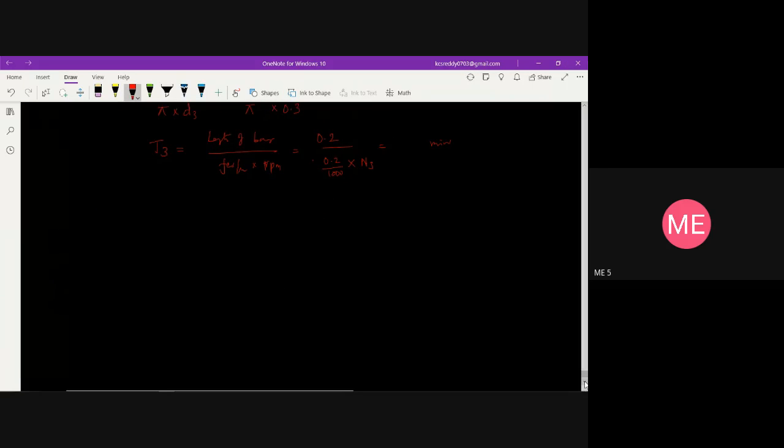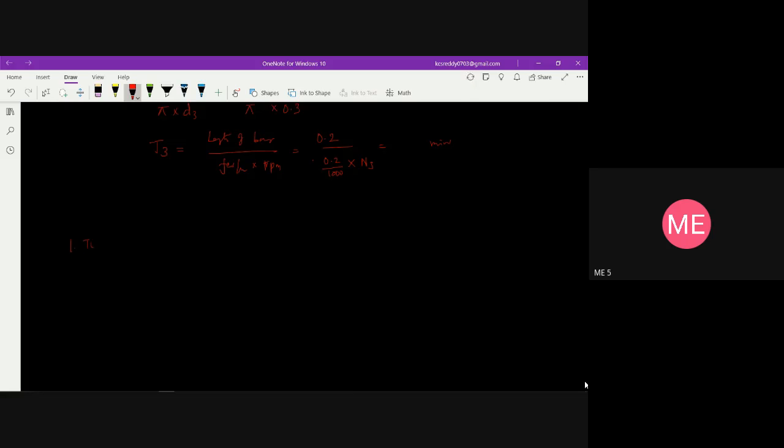Now we have calculated the operations involved in making a job. There are 3 operations. The first operation is turning, and the machining time required for turning is T1. Then we have gone for drilling, and the time required for drilling the hole is T2. The third one is boring, enlarging the already drilled hole, and the machining time for that is T3.